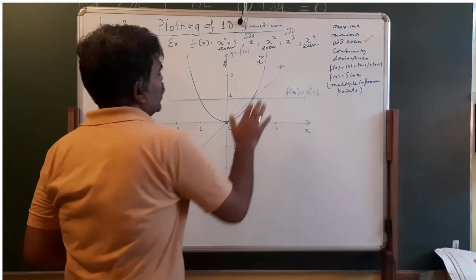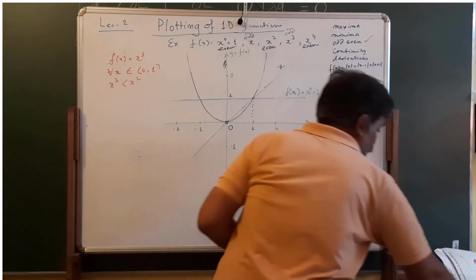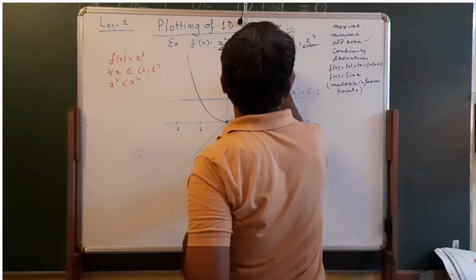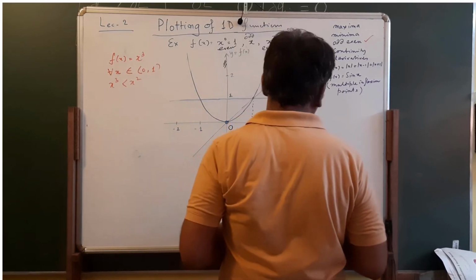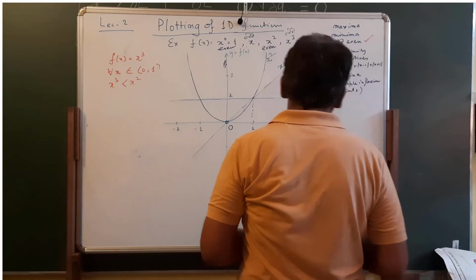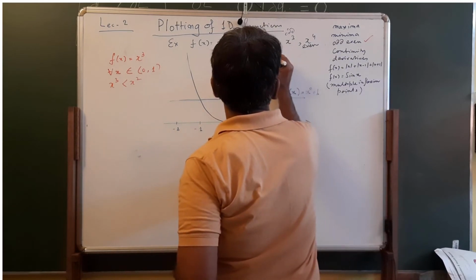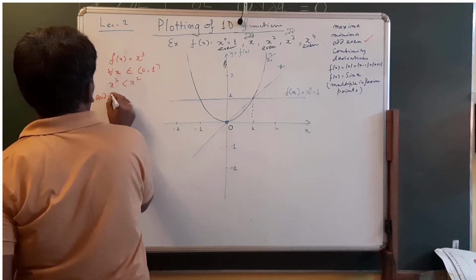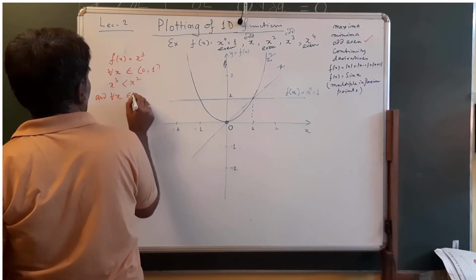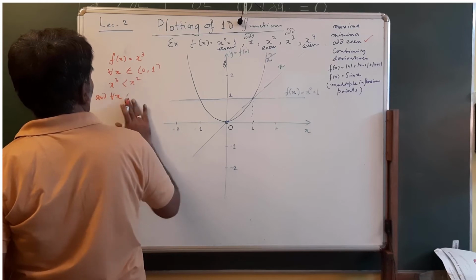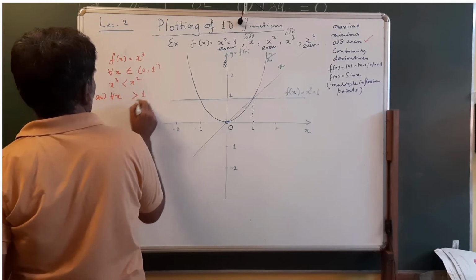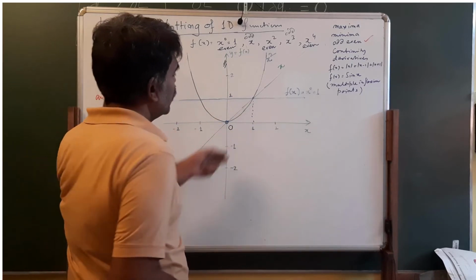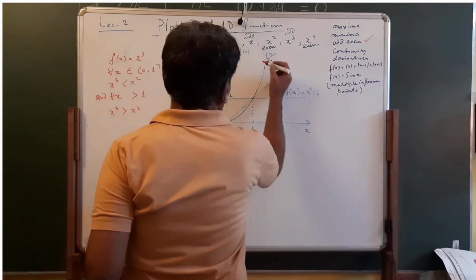Anyway, let's plot this. This is x squared. So let me write here. This one is x squared. So x cube will be here, and for all x greater than 1, x cube is greater than x squared. So on this side it is higher than x squared.